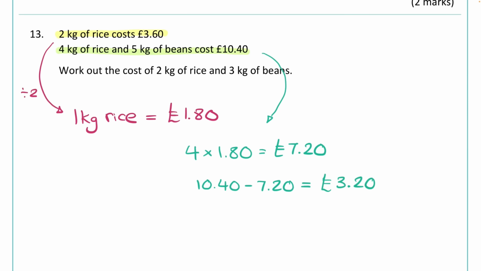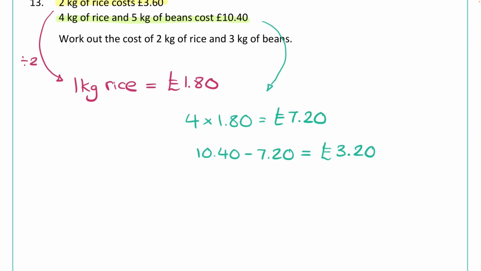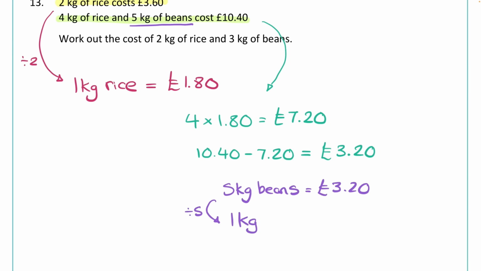And that is for 5 kilograms of beans. So we have 5 kilograms of beans. That's the only thing we have unaccounted for. So 5 kilograms of beans equals £3.20. We can divide that by 5, like we did with the rice, to give us 1 kilogram of beans.